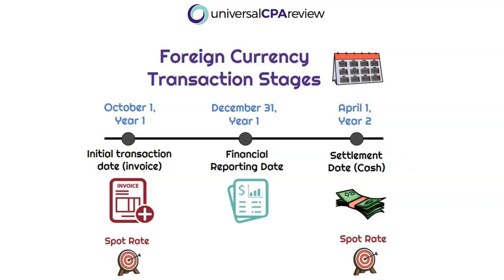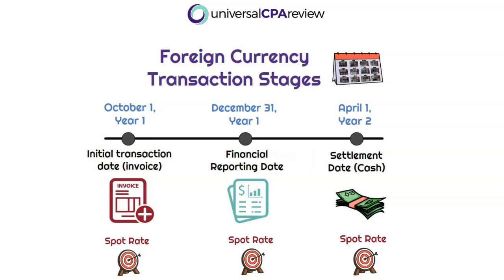Now, the other date that we have to be aware of is any financial reporting date, right? So let's say that the company reports their financial statements as of the year ended December 31, year one. Well, on that date, we would use the spot rate again to value what that invoice payment would be, right?